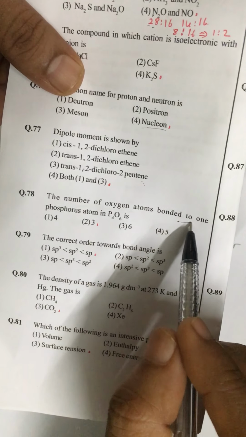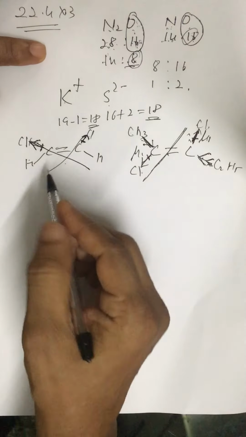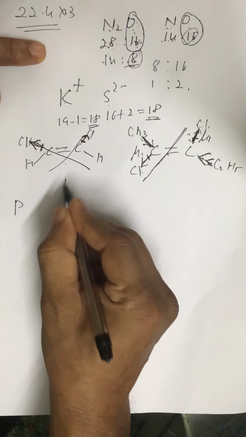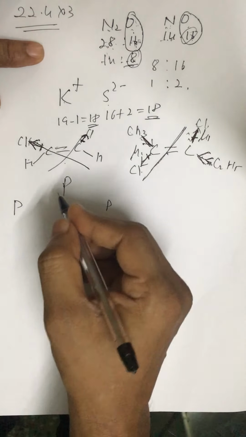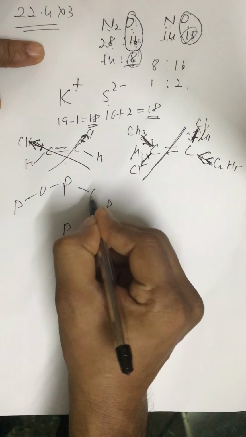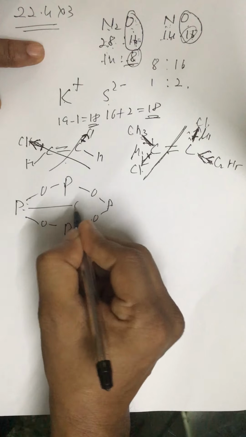78. The number of oxygen atoms bonded to phosphorus in P4O6. For the structure of P4O6, first draw four phosphorus at four corners, and then connect each of them with the help of oxygen. Now these two are not connected, just connect them.